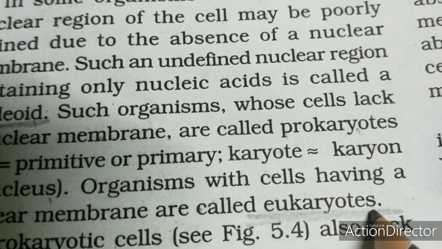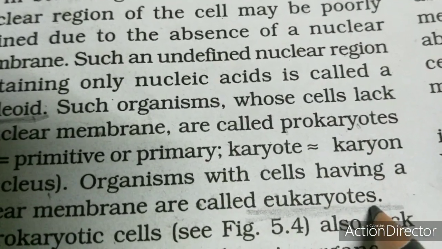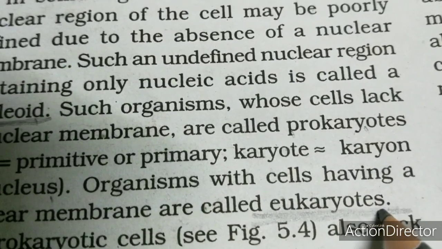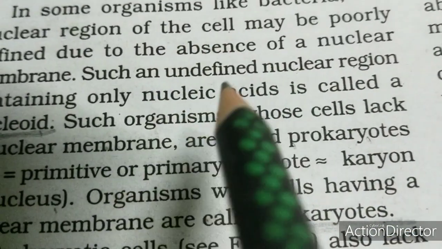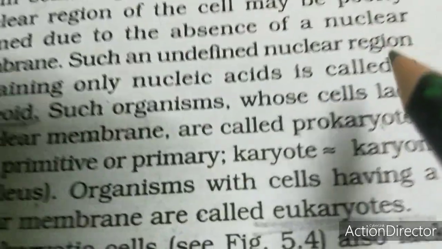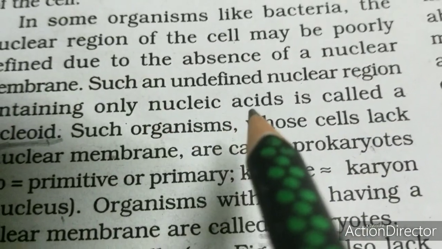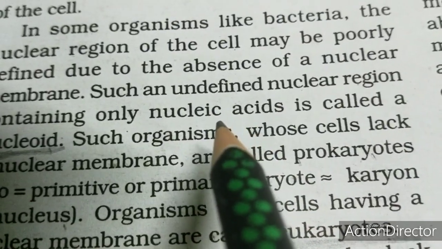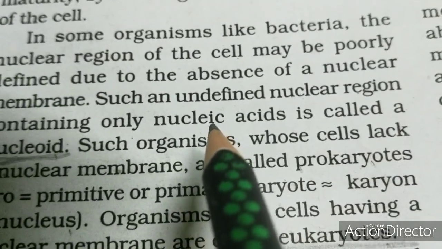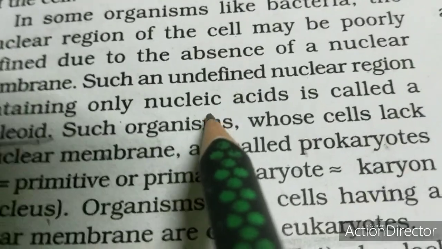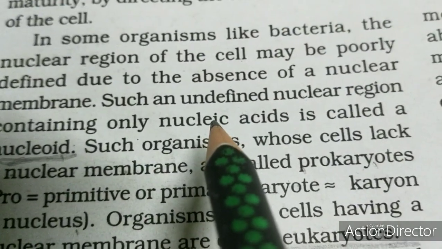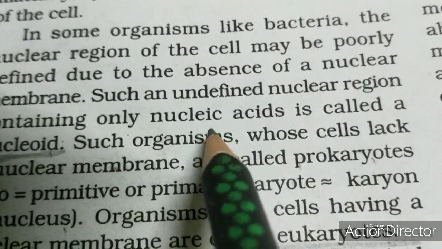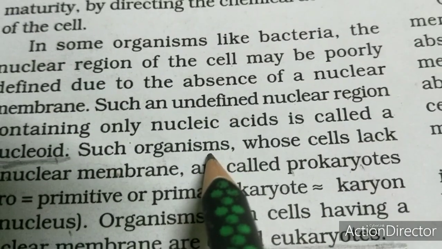What is a well-defined nucleus? A nucleus with the nuclear membrane as well as with the nucleic acids. If a cell has such characters, then that is called a eukaryotic cell. Eu means true. Karyon refers to nucleus.